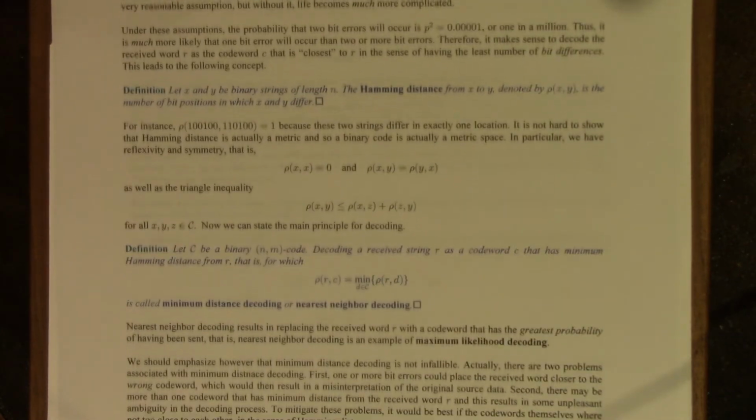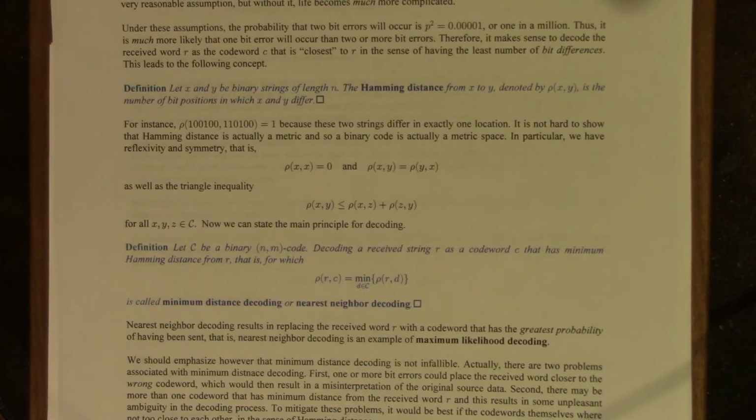Under these assumptions, a bit error probability of 1/1000th and independent errors, the probability that 2-bit errors will occur is p squared, which is 1/1,000,000th. So it's much more likely that if there are any errors, there'll just be one error.